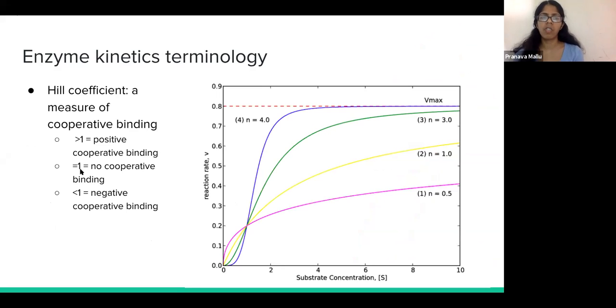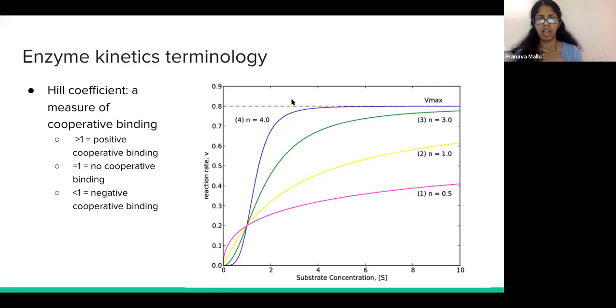When the Hill coefficient equals 1, that means the enzyme does not have characteristics of cooperative binding. That's the one in yellow right here. It's just your basic Michaelis-Menten style plot. And if the Hill coefficient is greater than 1, that has positive cooperative binding, and this is where you get that distinctive sigmoidal plot.